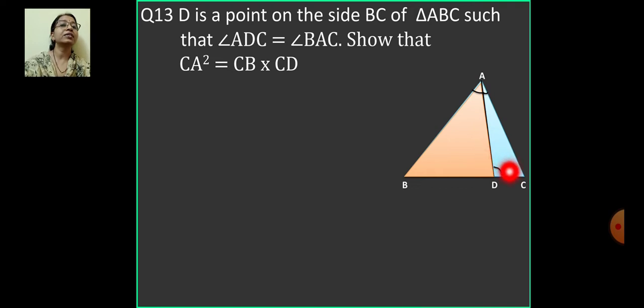These two angles are equal, given. Then you have to prove this expression. Right. So what we will do? First we will try to prove the bigger triangle ABC and the smaller triangle ADC similar. Okay. So let us see how we can prove that.